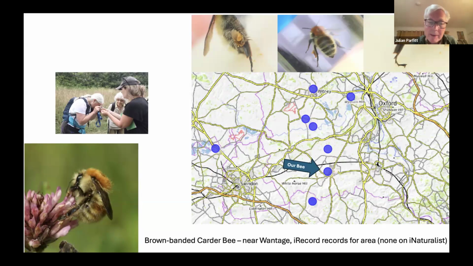It might not be rare, it might just be overlooked, given its similarity to other carder bees. So that's just one of the challenges of trying to get these records in a form that is useful, particularly when you're looking at some of the rarer species.